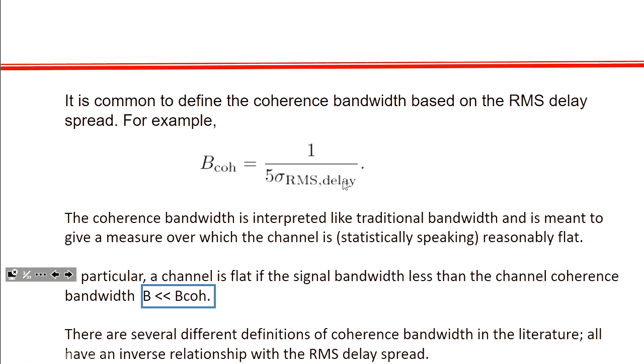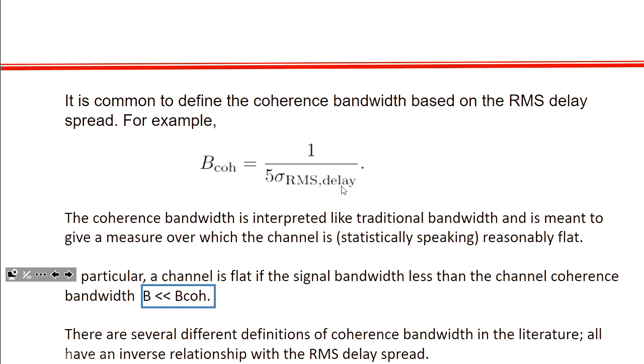So does anyone remember what this quantity was? This is to do with the power delay profile of the multipath channel. But what is sigma RMS delay? RMS delay spread.